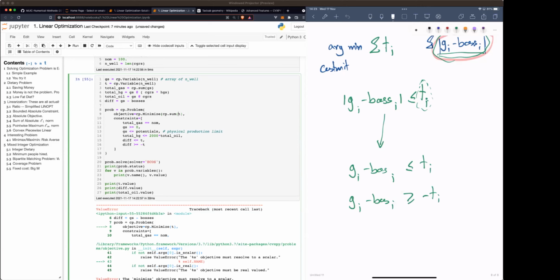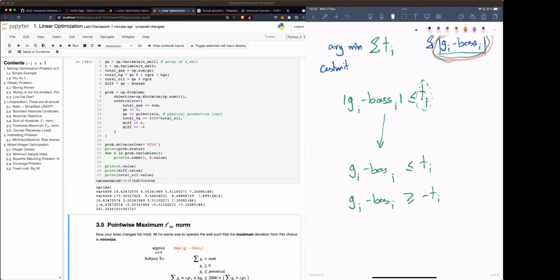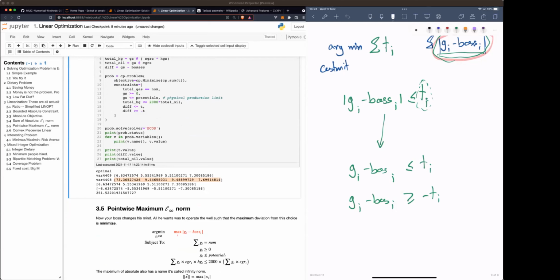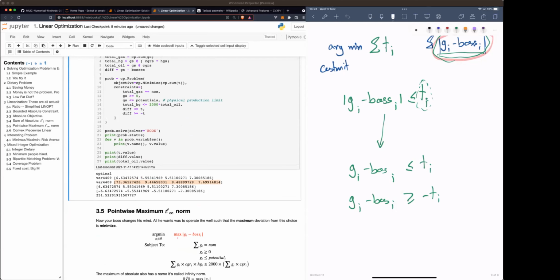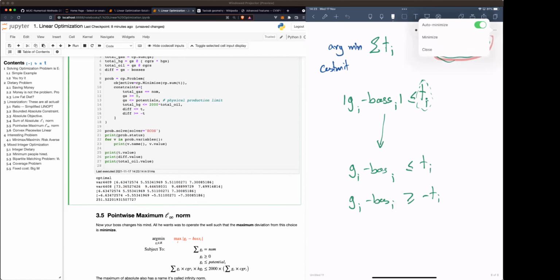It's a vector, so you want to sum. So it tells you, okay, this is how much you should produce. Print the result.